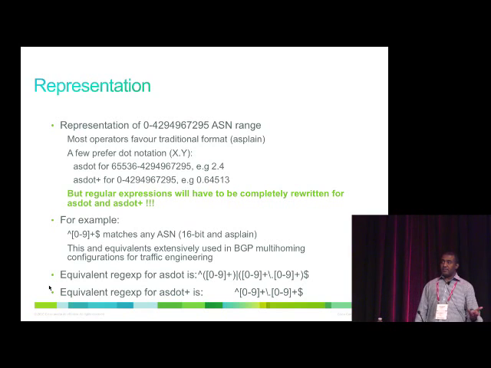But having both AS dot and AS dot plus creates a problem for regular expressions, filtering, and so on. You have to rewrite all your regular expressions and filtering that you use for ASNs, and this example shows you why that's the case.